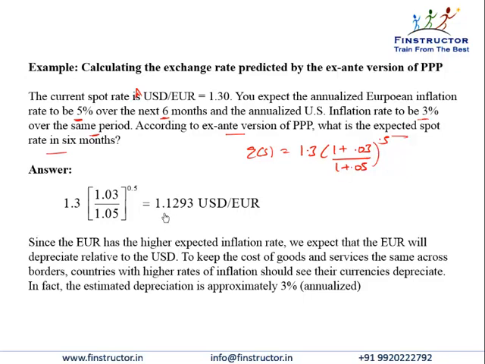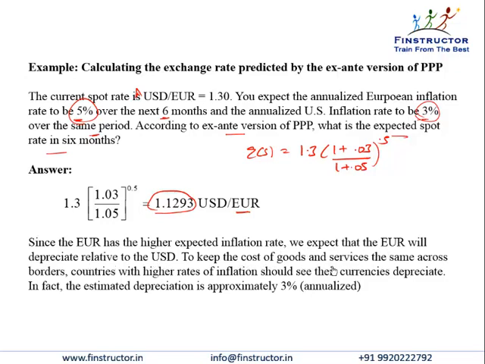So it will come out to be 1.123 USD per euro. We see again that the euro depreciates because the inflation in the eurozone is higher than the inflation in the US. Since the euro has higher inflation, we expect that the euro will depreciate relative to the USD.